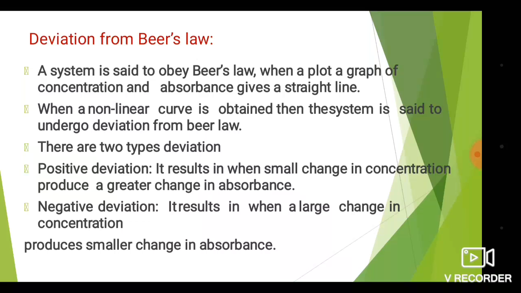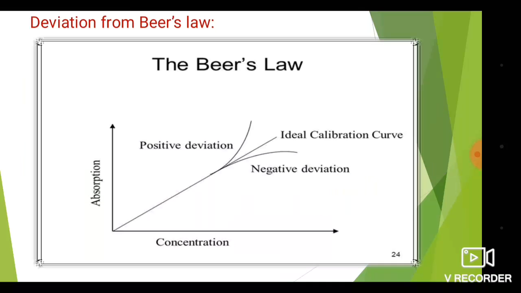Negative deviation results when a large change in concentration produces a smaller change in absorbance. It is the reverse of the positive deviation. If we change the concentration by a large amount, but there is only a slight change in absorbance, we get a negative deviation.